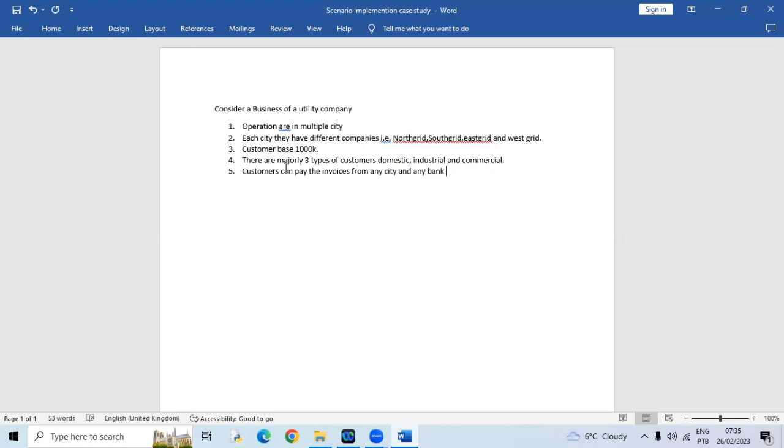I'm not putting in any currency, as that would be more difficult. So the customer can pay the invoices from any city and any bank, or post office. But they can pay in any mode as well: check, cash, direct debit, DD.